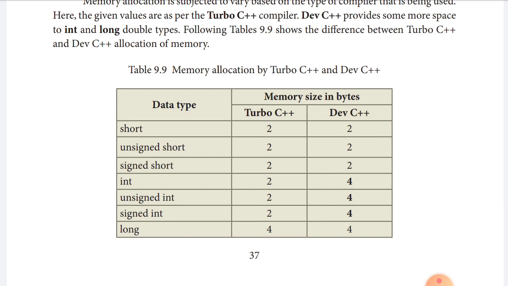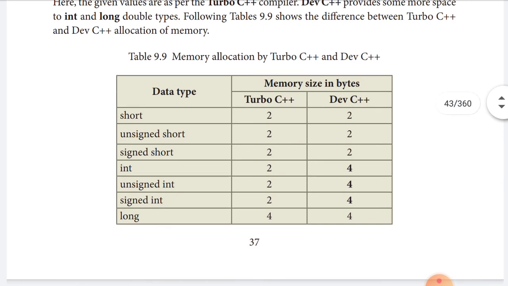Unsigned integer uses 2, and Dev C++ uses 4 bytes. Signed integer uses 2 bytes, and Dev C++ 4 bytes. Long integer uses 4 in Turbo C, and 4 bytes in Dev C++. So, do you all understand memory allocation? Thank you students.